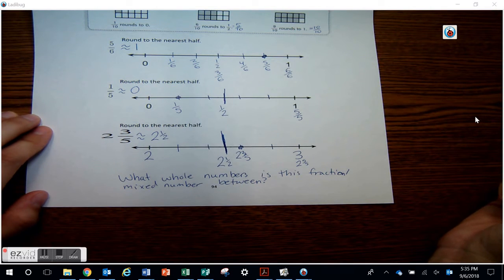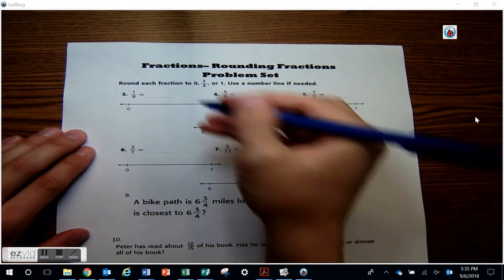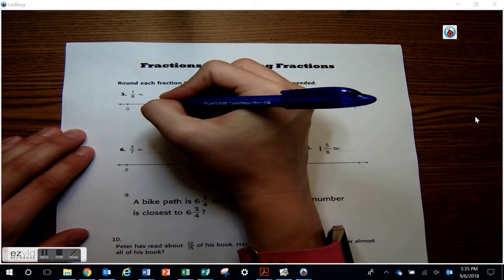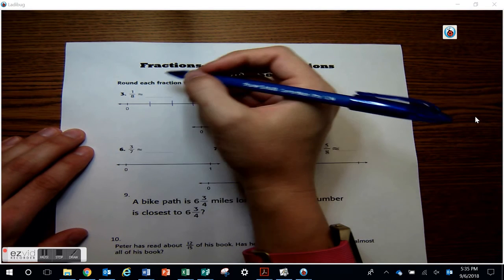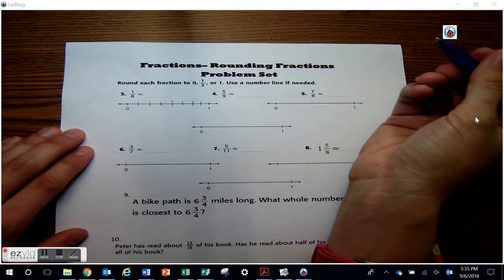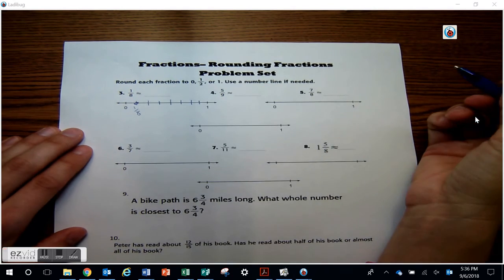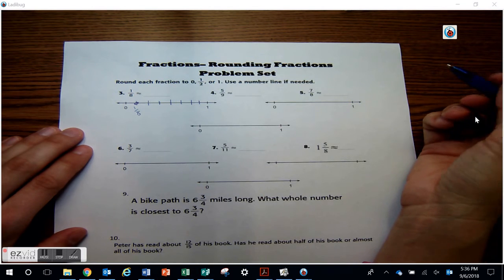Well, let's see, 2 3/5 is a lot closer to that 1/2 than this one, which could be 2 5/5. So we're going to go ahead and round it and make that 2 1/2. 2 1/2 is what it's closest to.